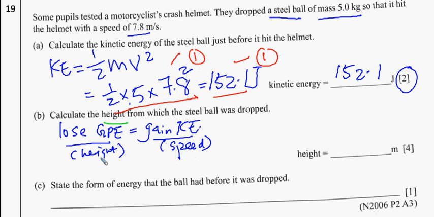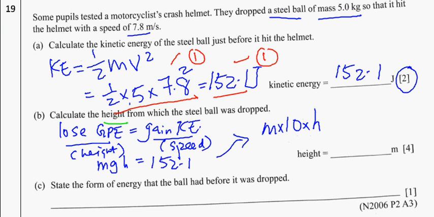So in this case, I can put down GPE is actually mgh. My gain in KE is actually the answer that I've gotten from part A, so it's 152.1. So g is always a constant number on Earth, which is 10. g on Earth is the gravitational field strength. In this case, my h is unknown.